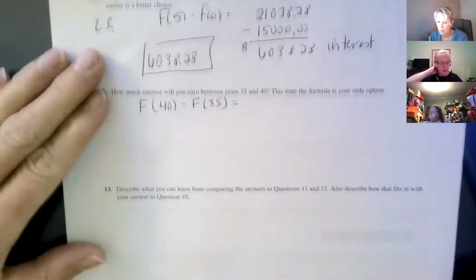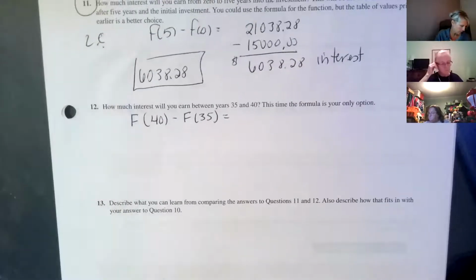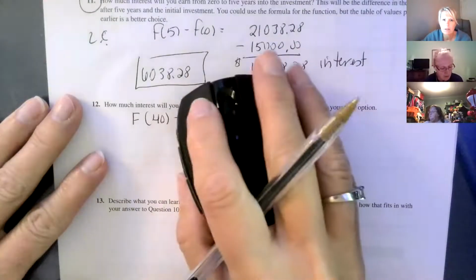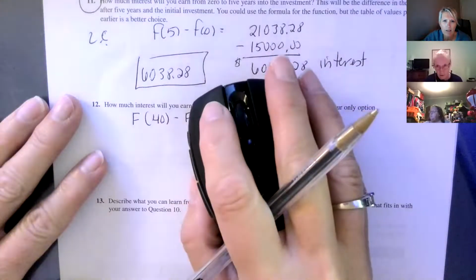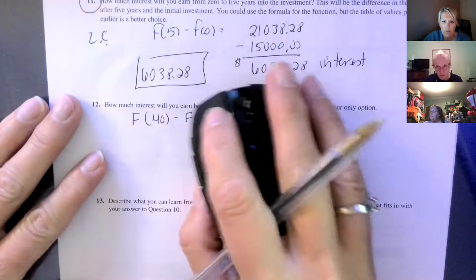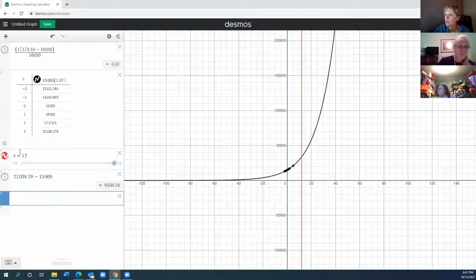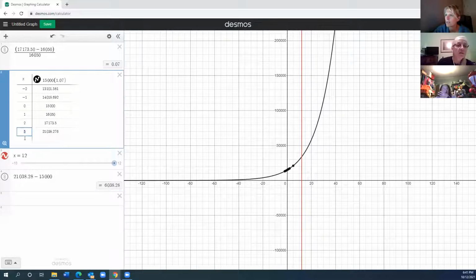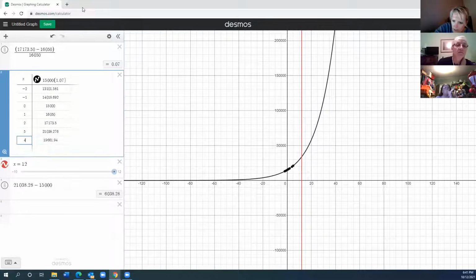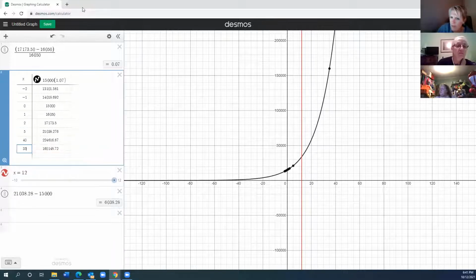So what did you ladies come up with? Well, you want the answer or you want what we did? Sure, you can tell me what we did, and I can do things up here in the table too. So in the table, I can find 40 and 35. Yep, and then you subtract one from the other.